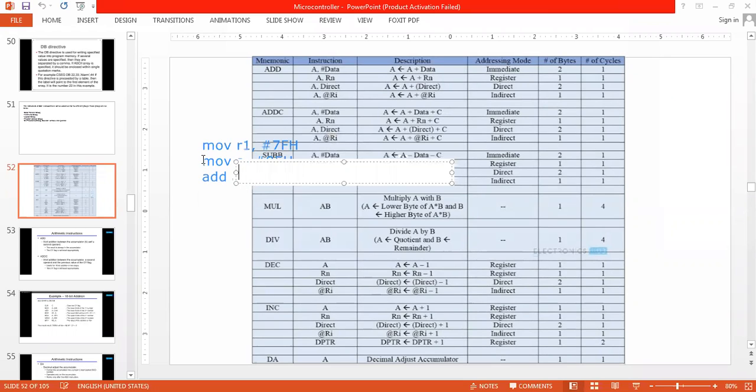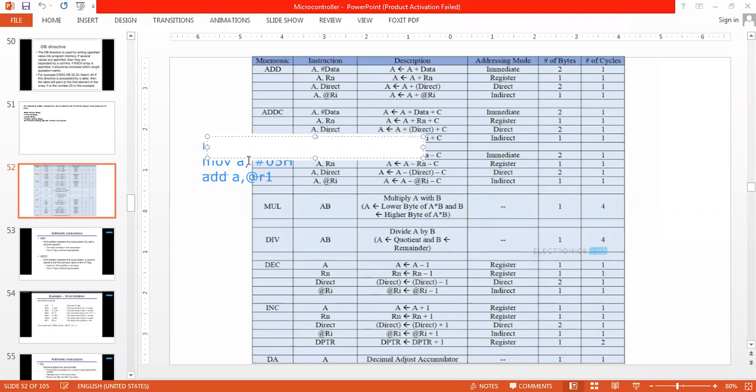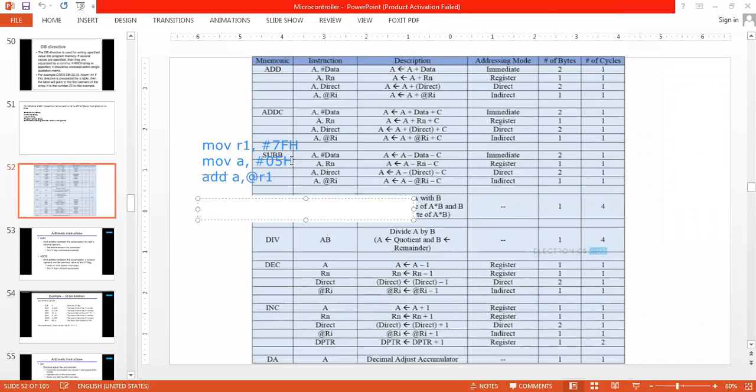So now what will happen? Now the value 7FH is going to be stored in R1 and the value 05H is stored in A, so R1 is equal to 7FH, then A is equal to 05H.